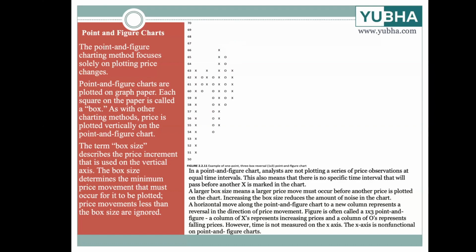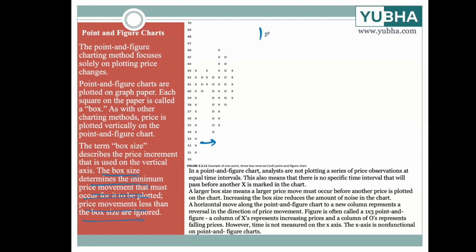So wherever you see an X, here the prices are rising, here the prices are falling. But it's not like it will show an X or an O for each and every price rise or fall. There is a minimum box size that the prices should move for a new column to be created. So let's take an example and see what happens.